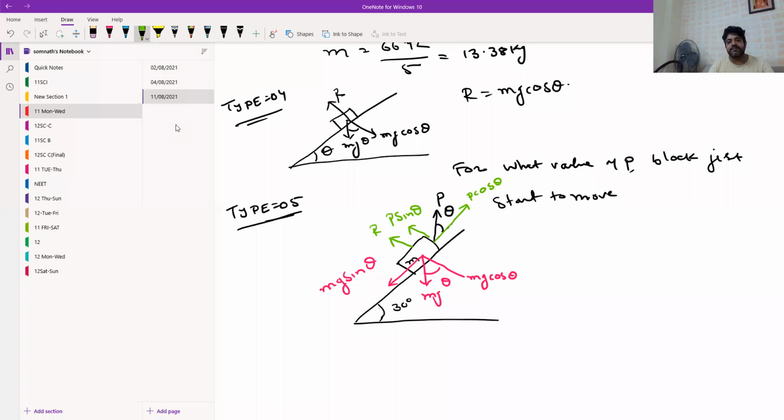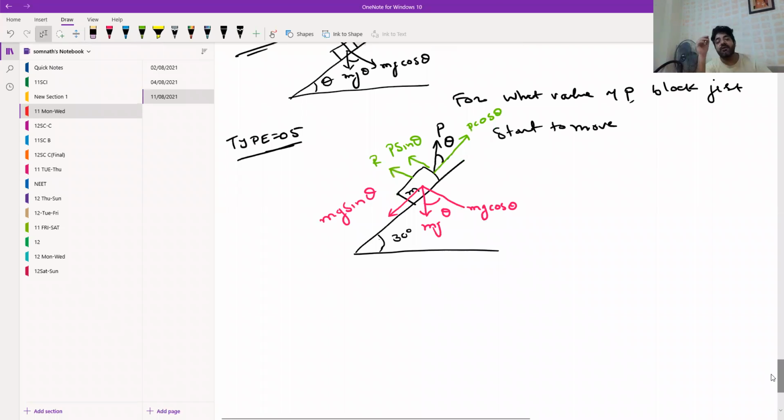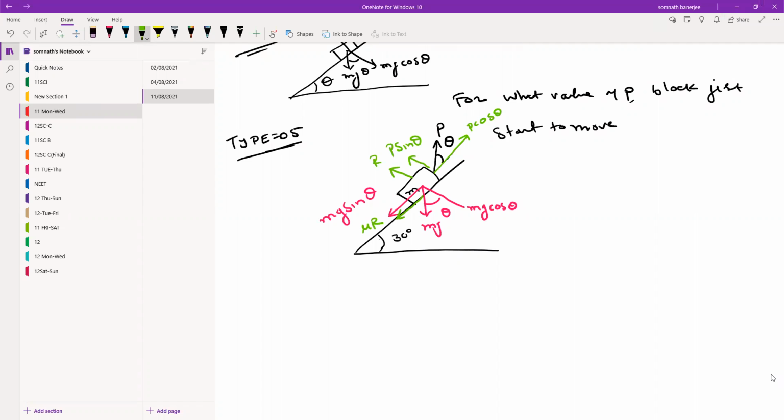Yes or no? And after that, as the tendency of the block is to move upward, my frictional force acts downward. Yes or no? Yes, sir. So these are the total forces acting on that block.